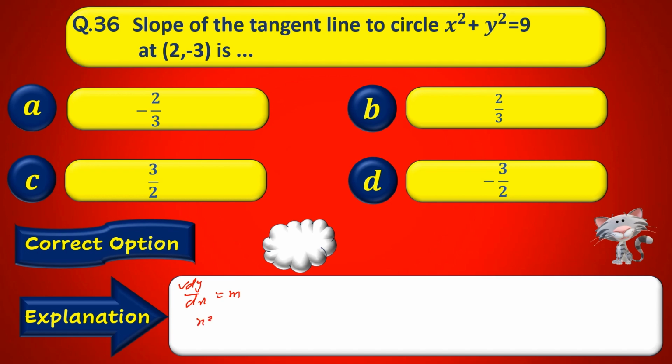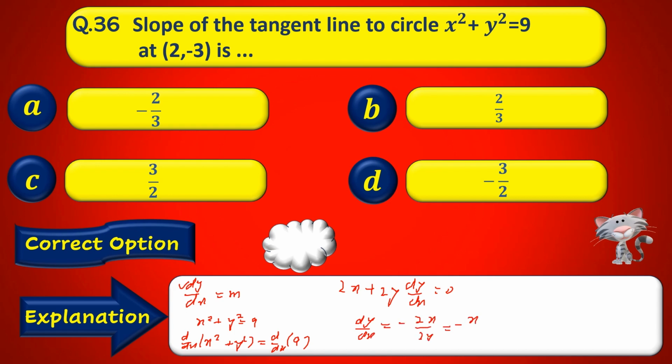Given circle is x² plus y² is equal to 9. Its derivative will be 2x plus 2y dy/dx is equal to 0. dy/dx will be equal to minus 2x over 2y, which will become minus x over y.